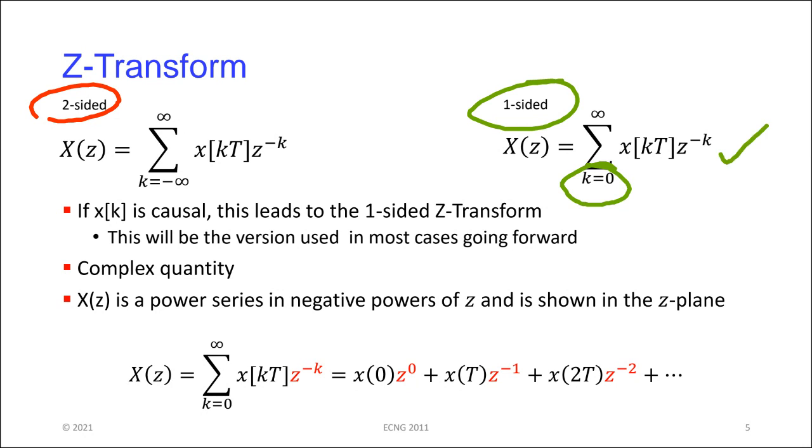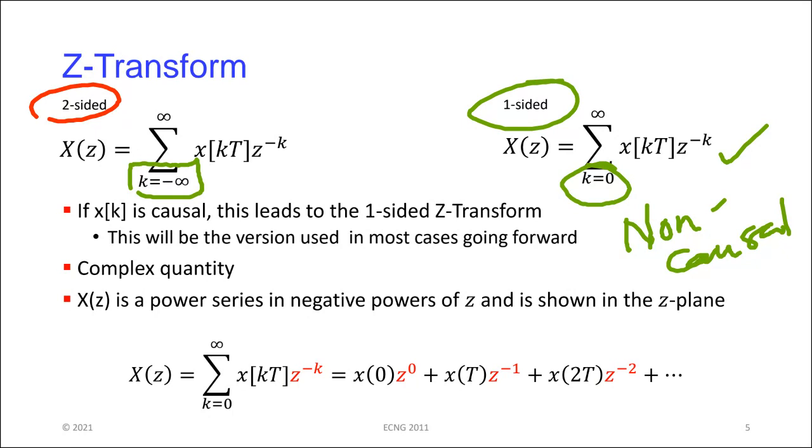But because we have a situation that we mentioned yesterday, that discrete time systems can be non-causal, in other words, have values before 0, then to handle that, we need a two-sided version, which will take into account values of t before 0, right?